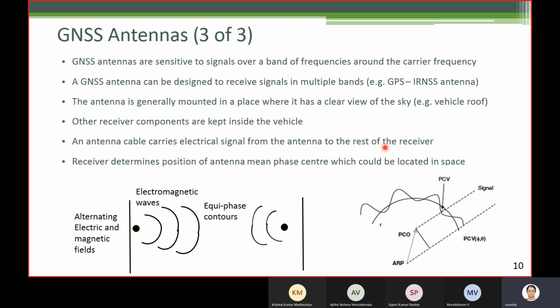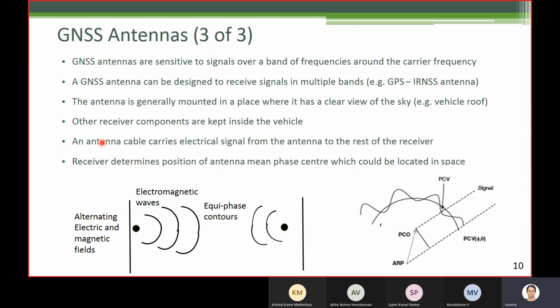Now the signal hits the antenna at some time. That is actually the time of reception. But the converted electrical signal requires some time to pass through the antenna cable and reach the rest of the receiver where actual signal processing takes place. So there is a cable delay, a transmission delay.